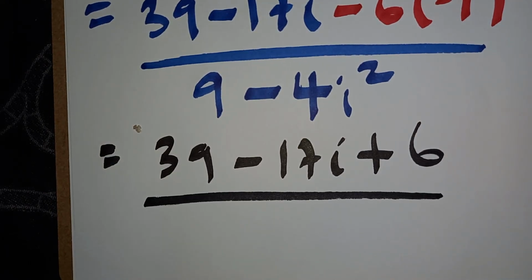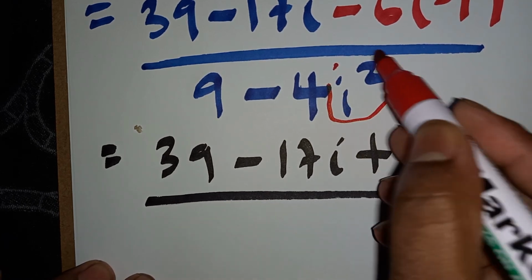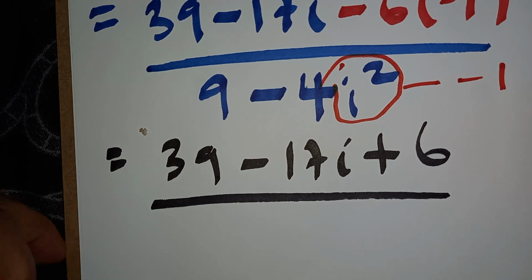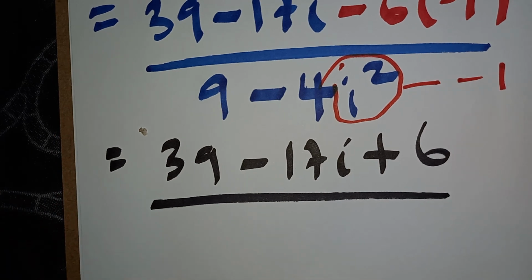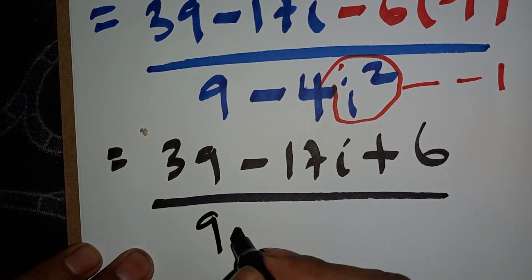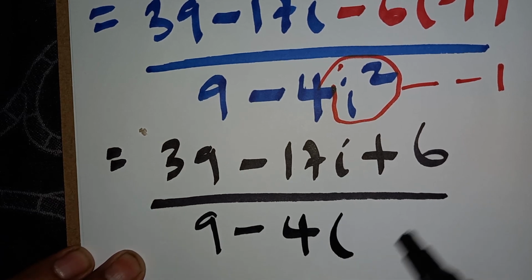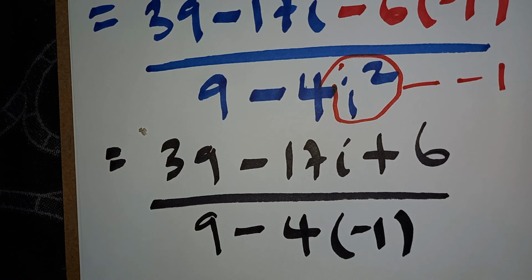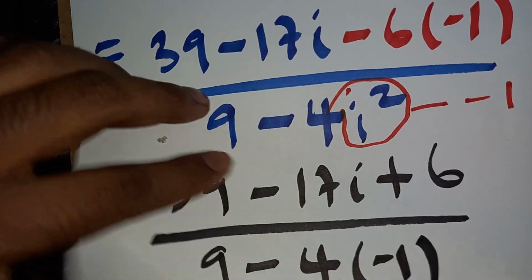Now this part, i squared is minus 1, so we will have basically 9 minus 4 times i squared, which is minus 1, right? So let's do this side.